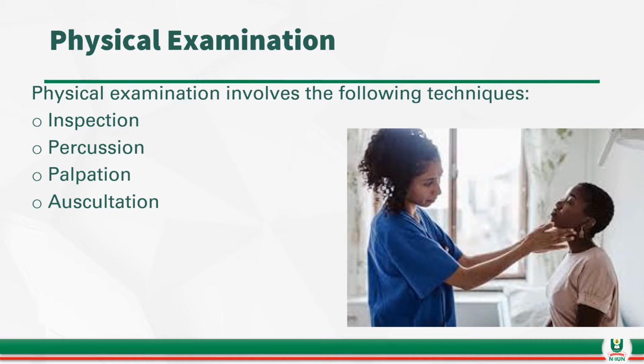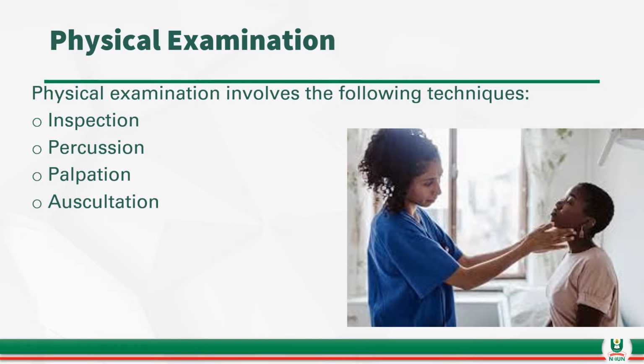We have four basic techniques: inspection, percussion, palpation, and auscultation, in that order when all four are required in an individual. Conducting a physical examination may be done using the cephalocaudal, that is head to toes approach, or the body system approach. With the cephalocaudal approach, you start from the head and go down to the toes.